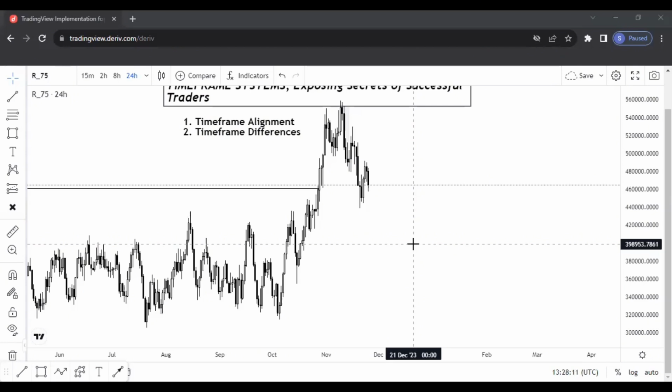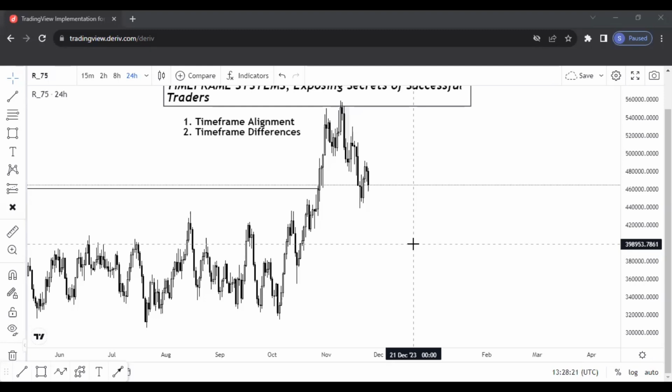That is, the 3 time frames you are using as an intraday trader or as a swing trader or as a scalper are aligned with each other. When you get to the stage where these time frames are aligned, that is your high probability setup. So you check the daily time frame, you can see that it is in an uptrend.